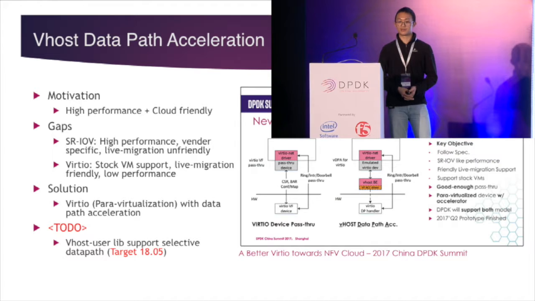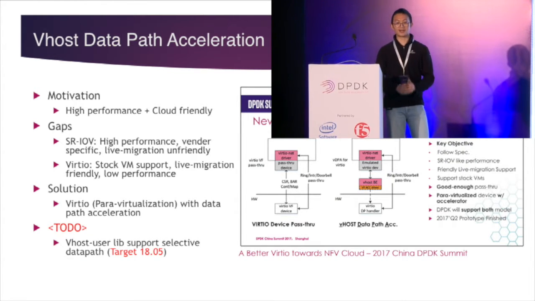We can just do SR-IOV for the data path, and for the control path, the configuration space, that kind of stuff, we can do para-virtualization, just leverage the virtual interface. So this solution will provide both cloud friendly and high performance for virtual interface.